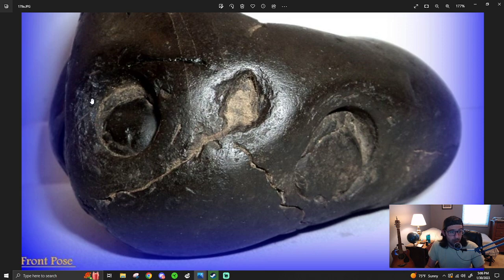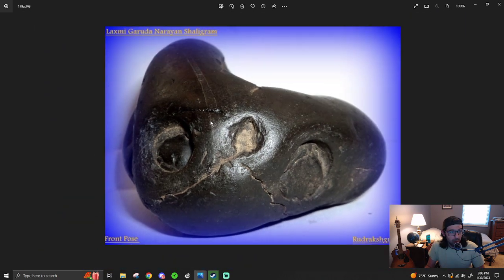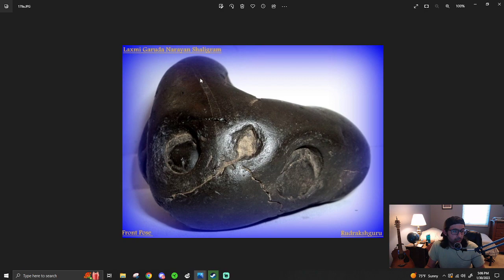Looks like a bird's head. Whoa. Could it be a bird's head? Mount Girnar?